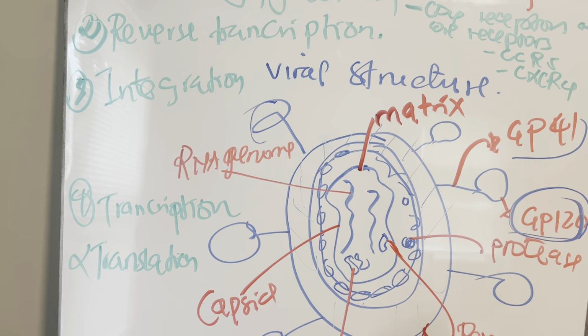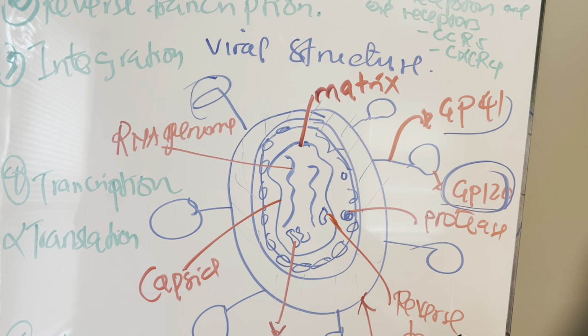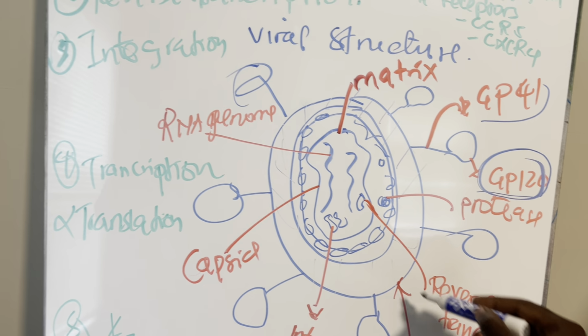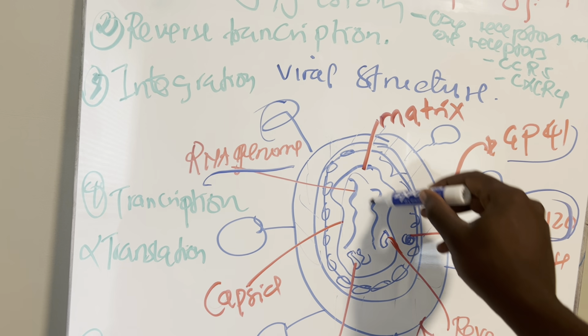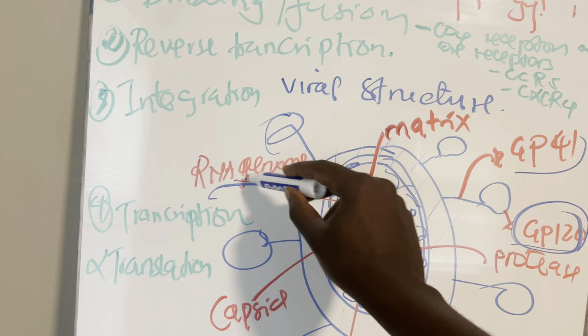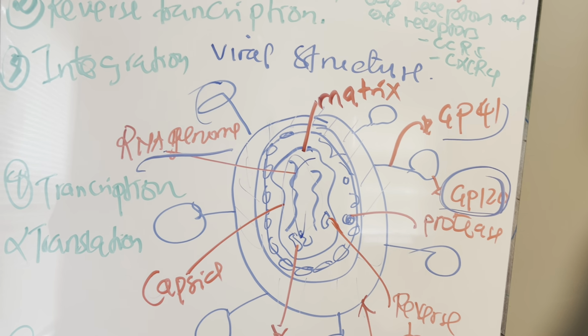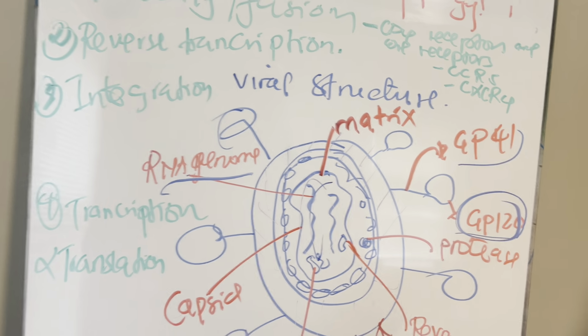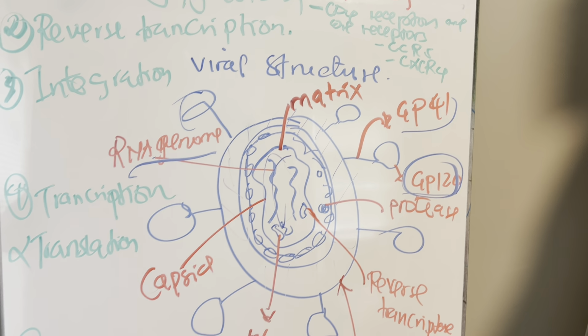Inside we have the integrase enzyme, the reverse transcriptase enzyme, the RNA genome, and also the matrix. So this is a summary of HIV structure.